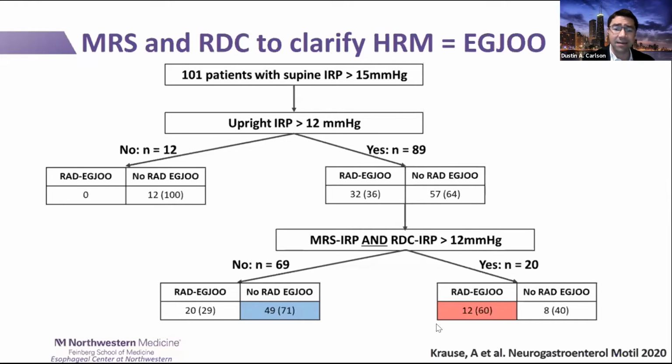However, as we can see, this still wasn't perfect. Even with persistence and elevation across these maneuvers, not everybody had an abnormal esophagram, and normal esophagrams could occur when these both had normalized.